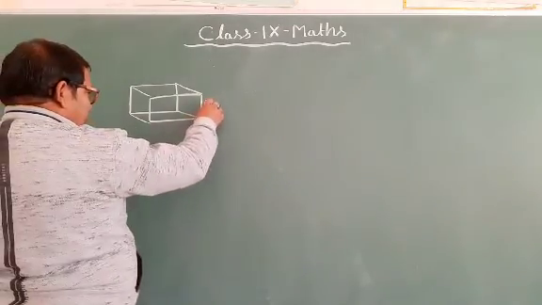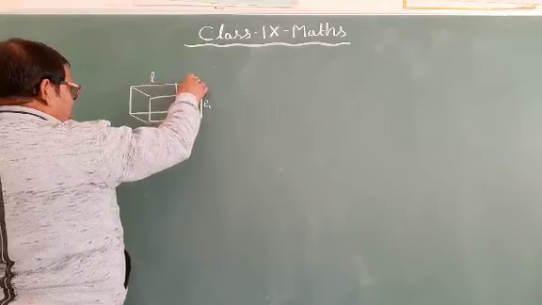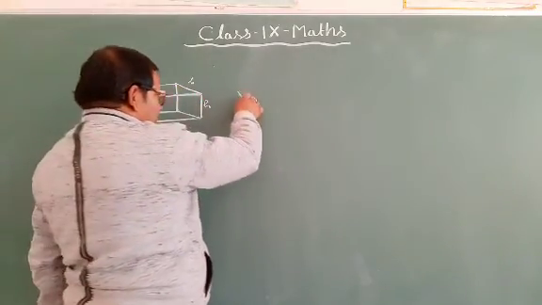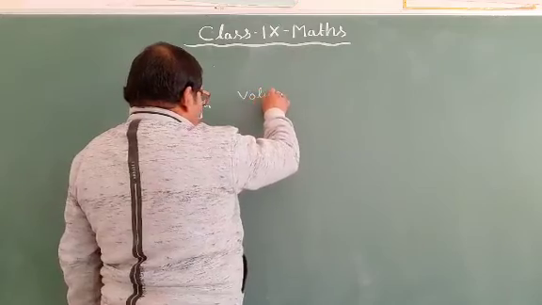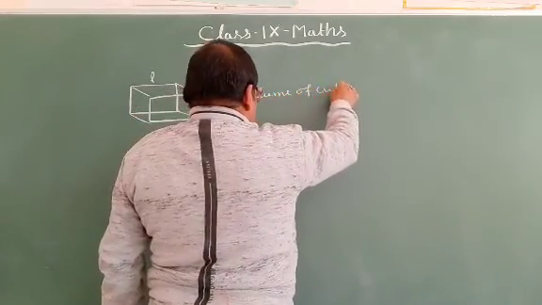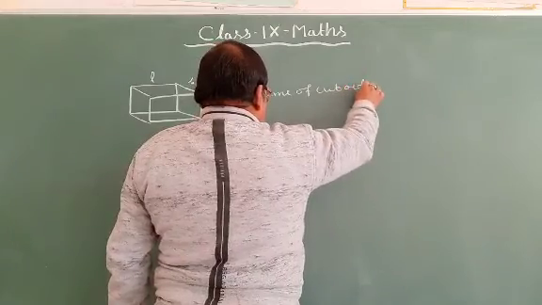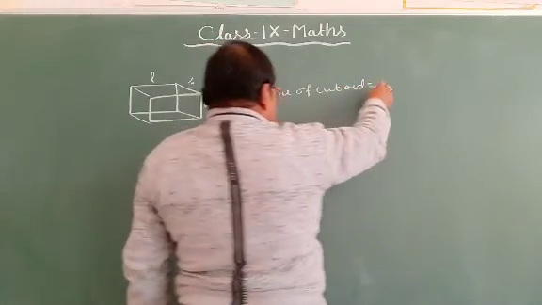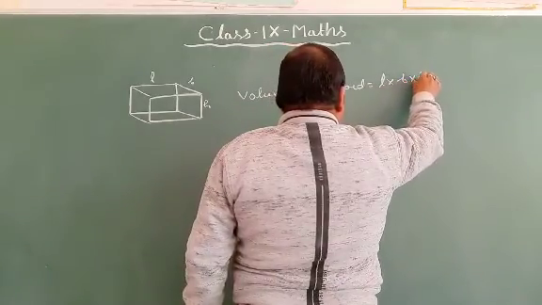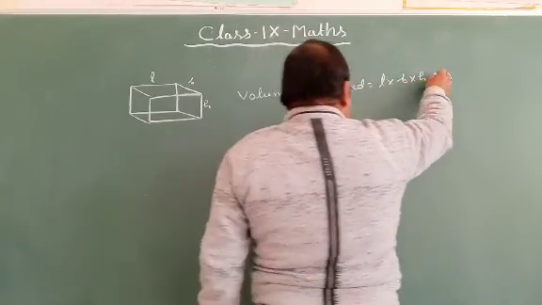So the volume of a cuboid is equal to length into breadth into height, in cubic units.